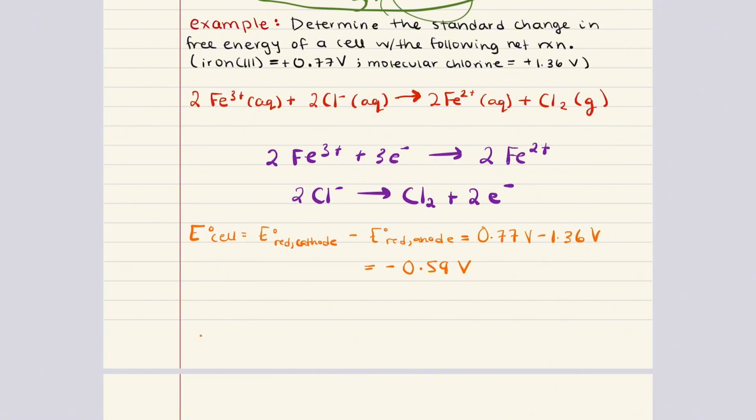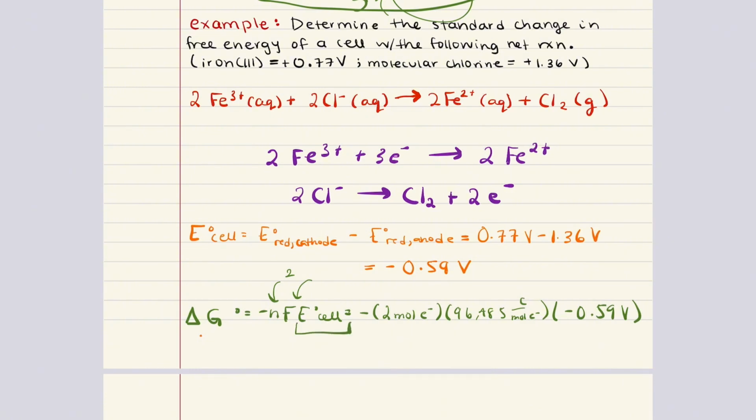Now that we have this calculated, we can use the EMF to determine the free energy change. Note that there are two electrons that are transferred. So in our equation, n is going to be equal to 2. F is Faraday's constant, and we just calculated the EMF. So we can go ahead and plug things in here. We have negative 2 moles of electrons multiplied by Faraday's constant, which is 96,485 coulombs per mole of electrons, and then that's multiplied by the EMF we calculated.